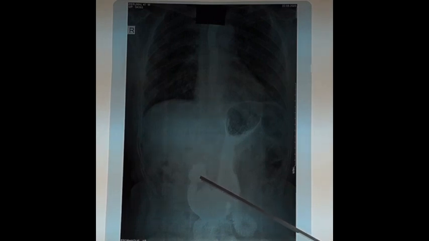The first part of the duodenum is the common part which is prone to peptic ulcers. So if there is a duodenal ulcer, due to the disruption of mucosa, the duodenal cap won't be formed properly. So these are some of the clinical indications where we take the barium meal X-ray.